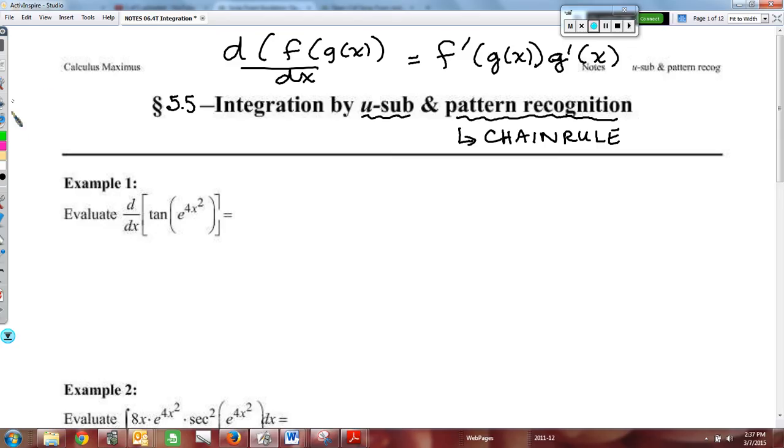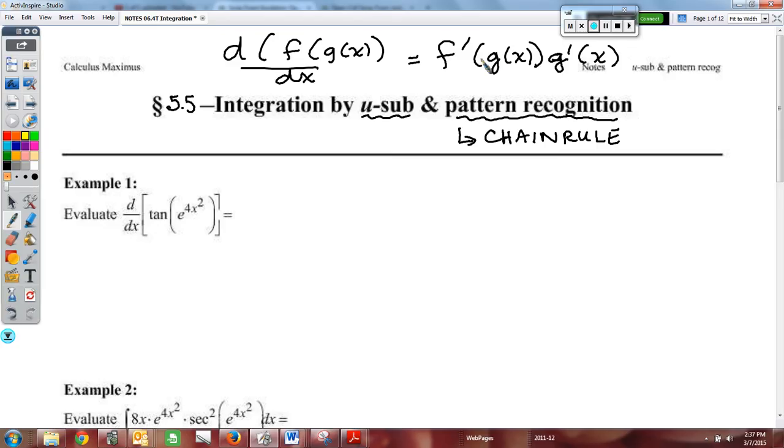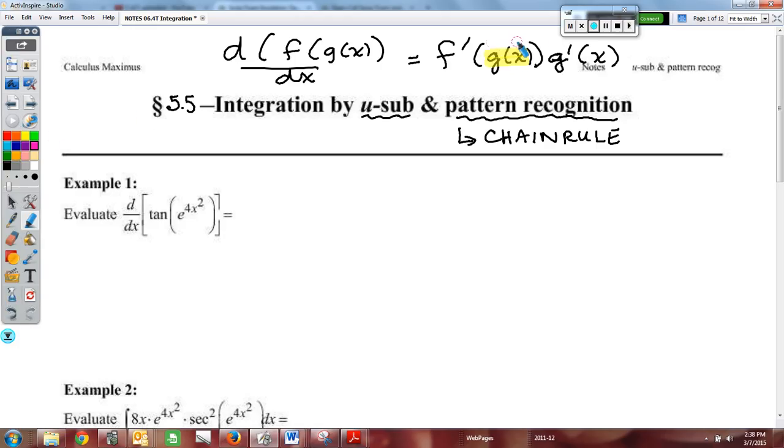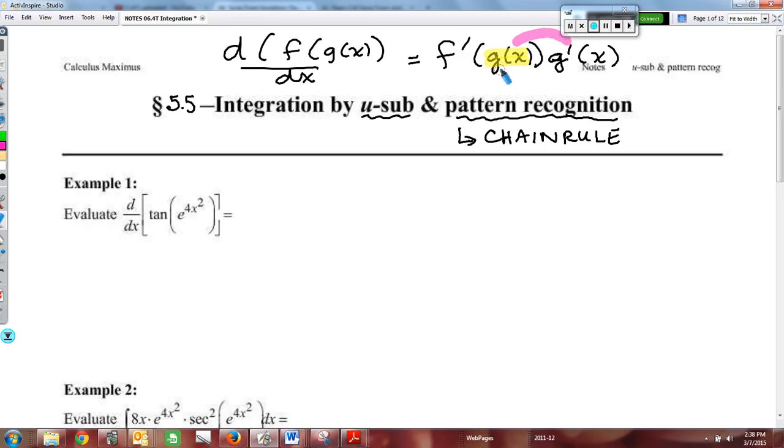So you came along and said, I'm going to take the derivative of the outside and not worry about what's in here, and then we unpacked it. We took the derivative of the inside and then unpacked it with the derivative of the inside function. So that's just reminding you of what the chain rule is.